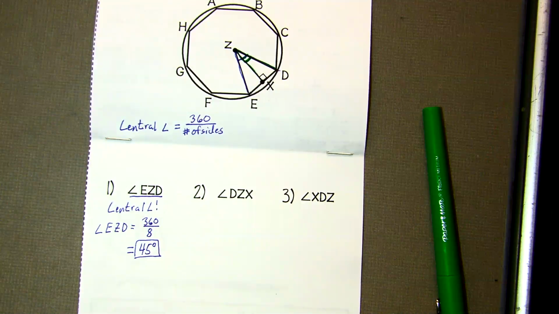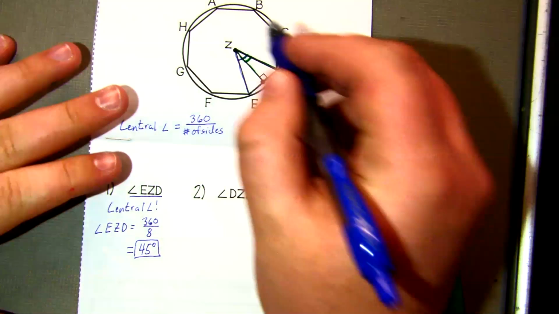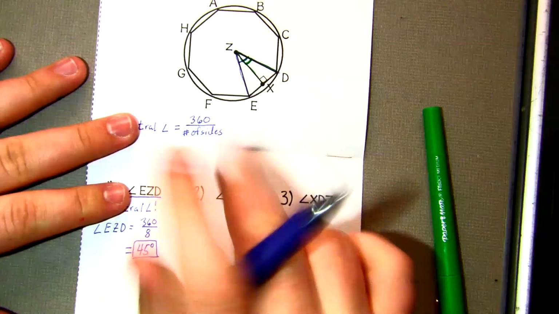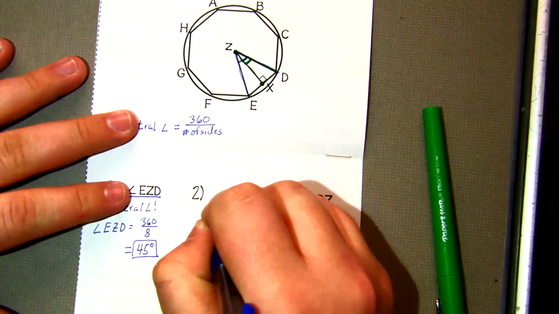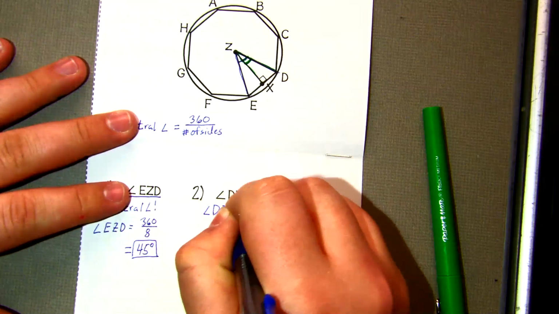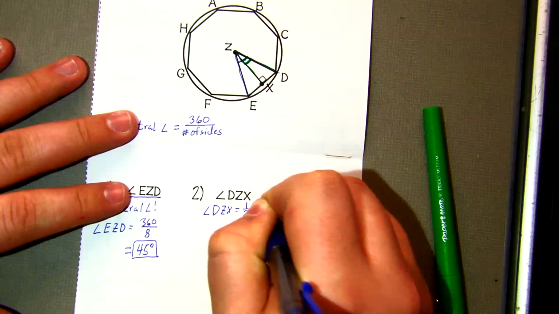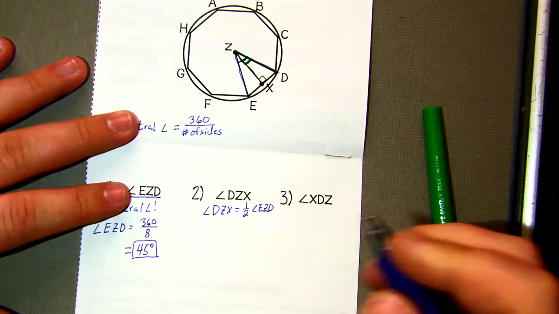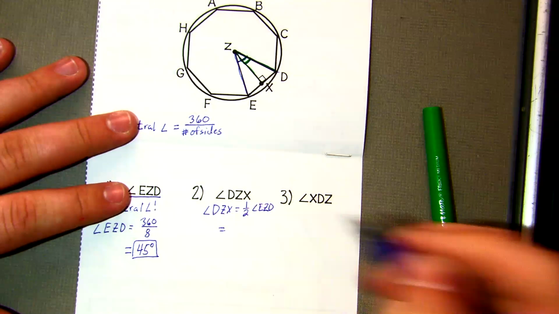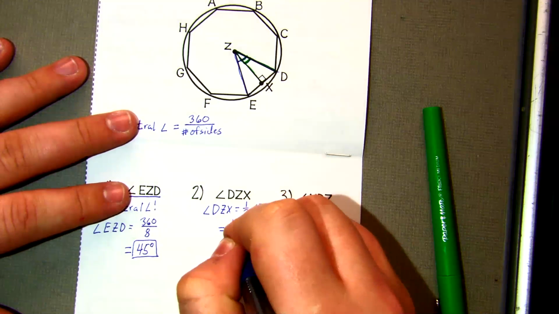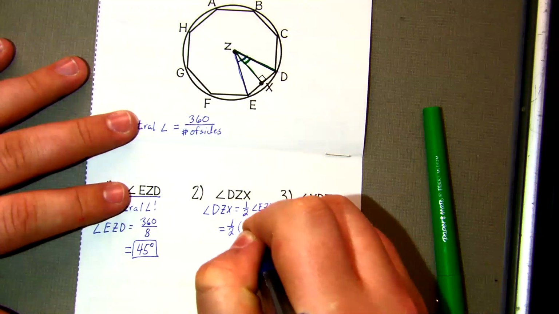Awesome, exactly. We noticed that angle DZX is equal to 1/2 angle EZD. So what that tells us is that DZX is equal to 1/2 of 45.